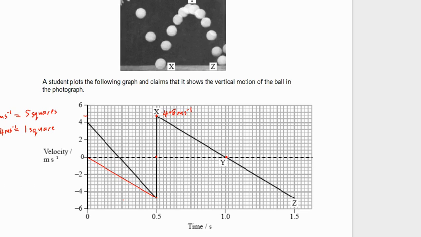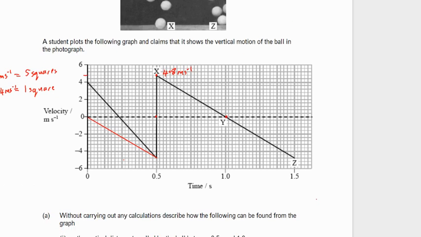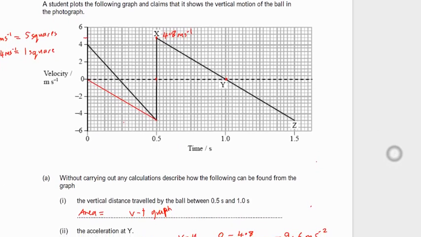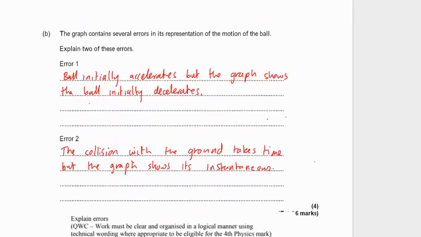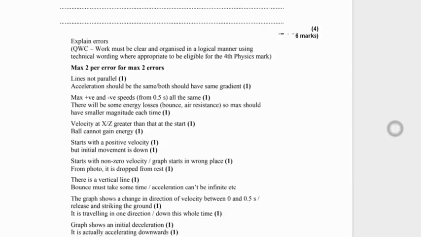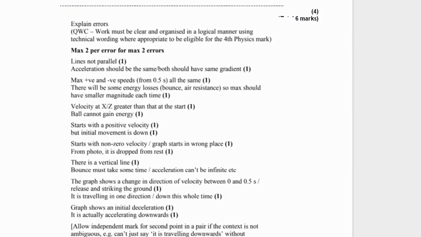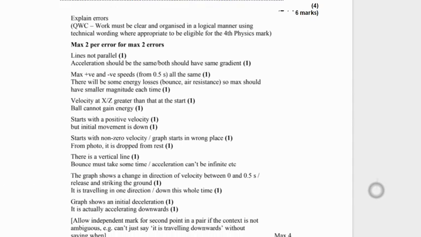So as it hit the ground, it was an elastic collision, lost no energy, but in reality, it does lose energy. And we talked about the vertical line. We talked about the ball starting off with a non-zero velocity to begin with. And we talked about the deceleration as well. So these are all of the alternatives that you could have written.